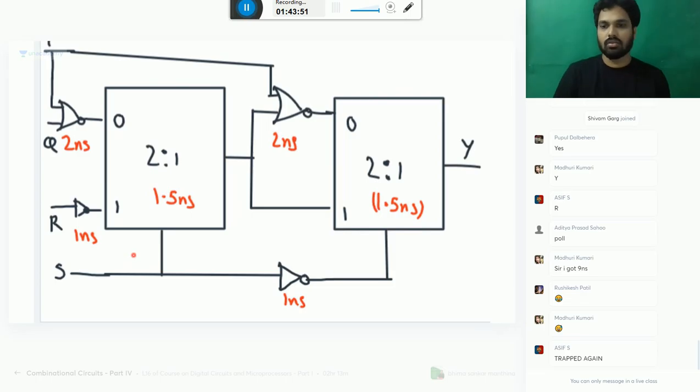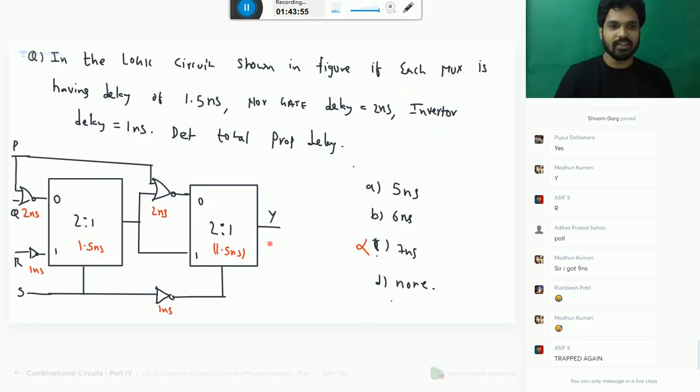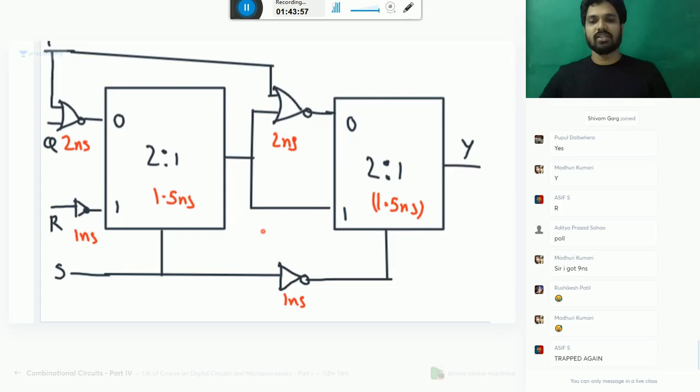Okay. So somehow I copied this and pasted here. So please listen here. If S equal to, two possibilities are there. Your selection input is there, na? This selection input can be 0 or 1. Two possibilities.